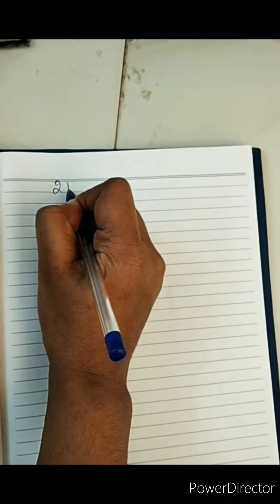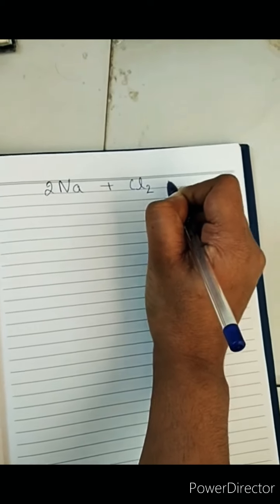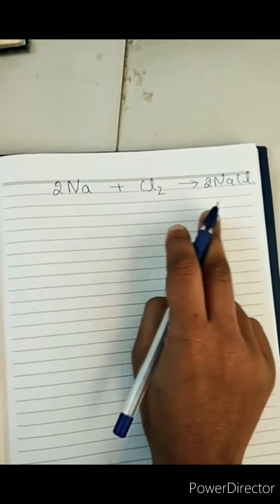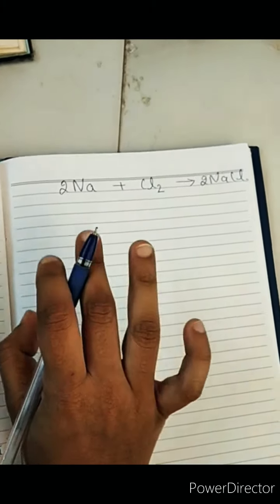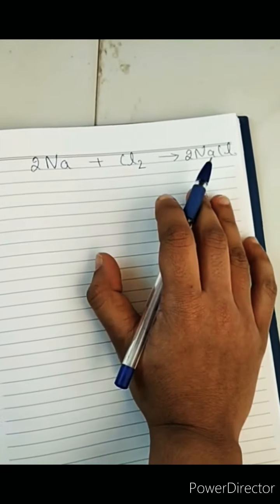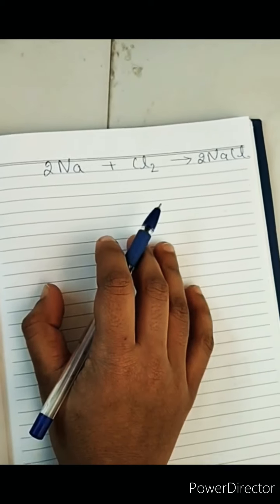Let's say we have 2Na, sodium, reacting with chlorine to give us 2NaCl. Now look, here there is no oxygen, there is no hydrogen. The reaction is a redox reaction.